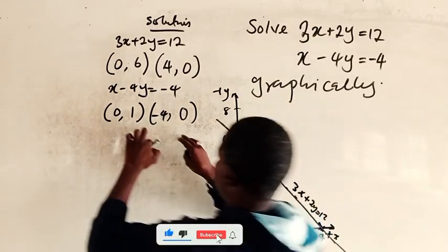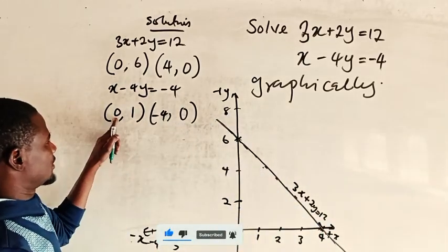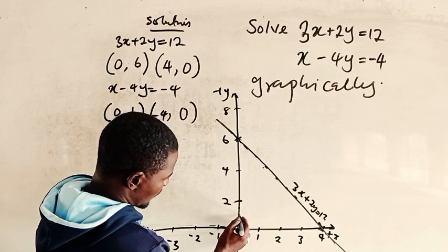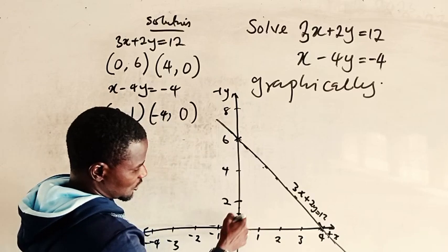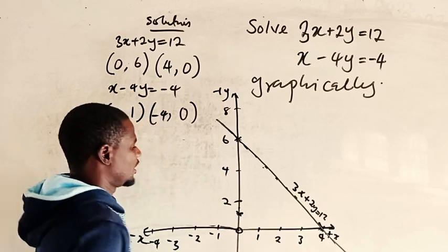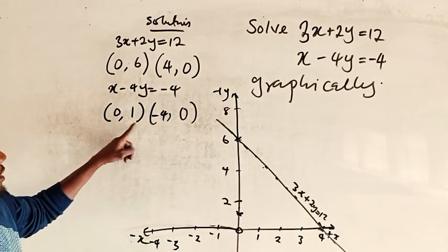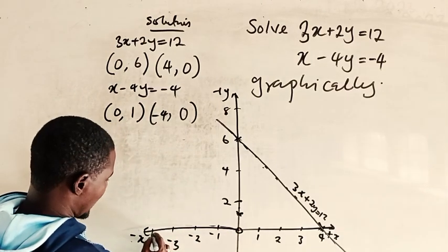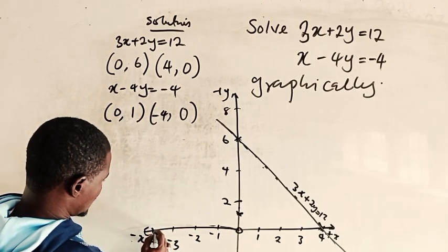Now let's quickly plot this one. When x is 0, y is just 1. 1 is here because I'm using 2 centimeters to represent 2 units. So 1 should be here, so it's going to be this point. Again, when x is minus 4, y is 0. Minus 4 is going to be here, so it's going to be here.